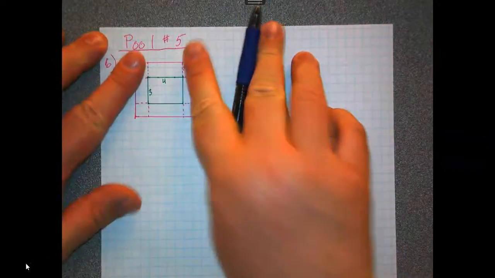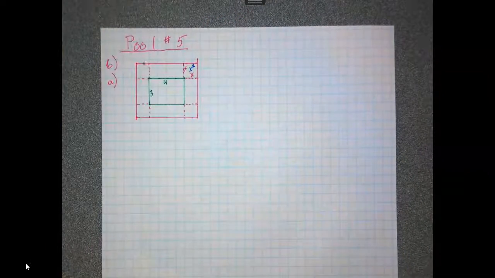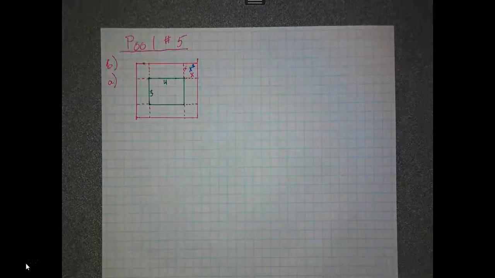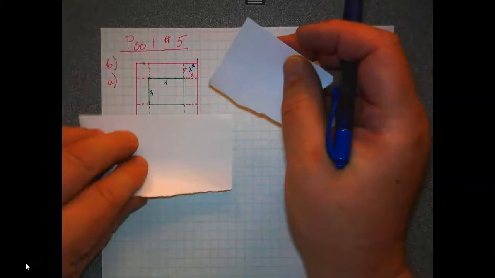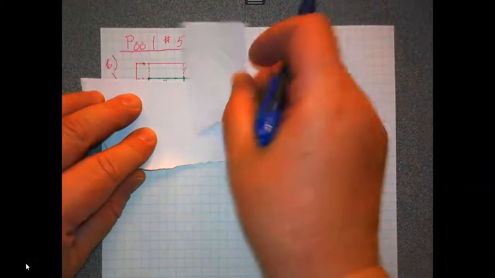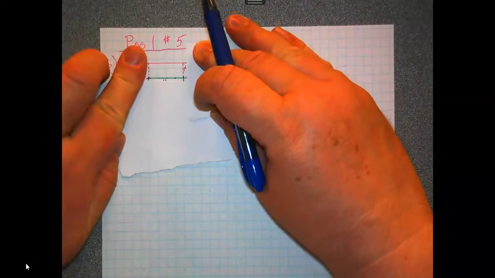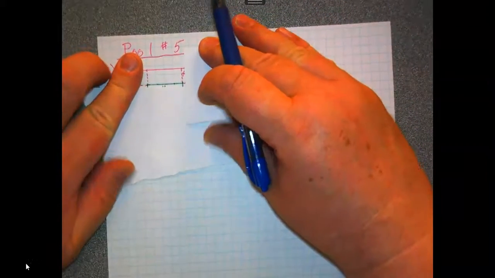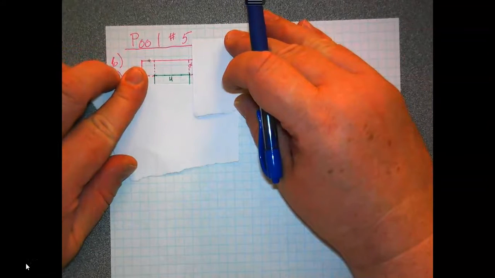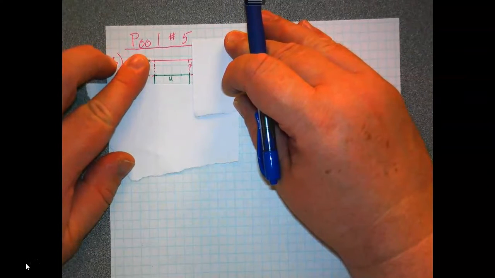Now, this rectangle here, we're only looking at this rectangle, right? What's the area of this rectangle? 4x, right?